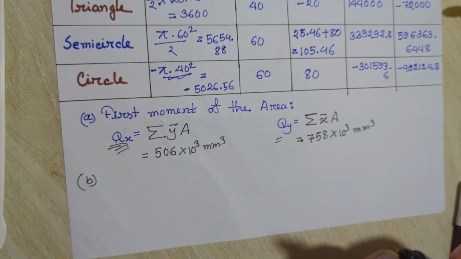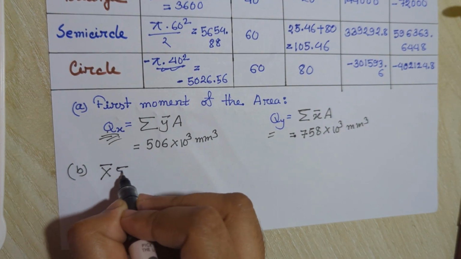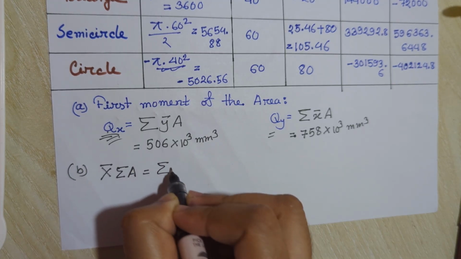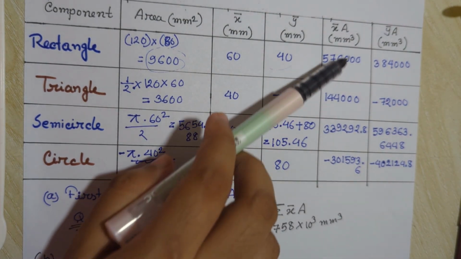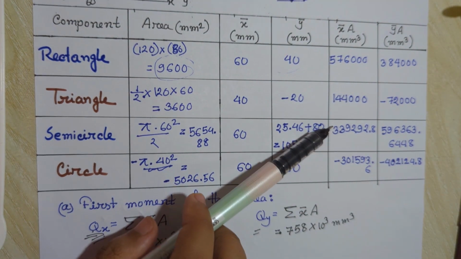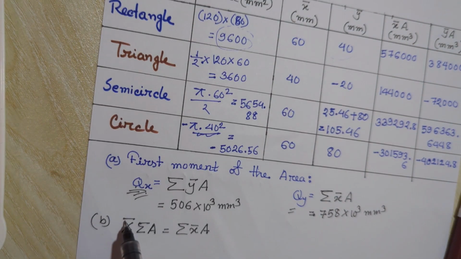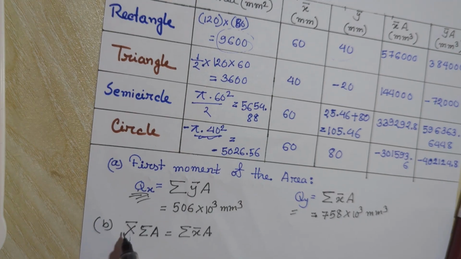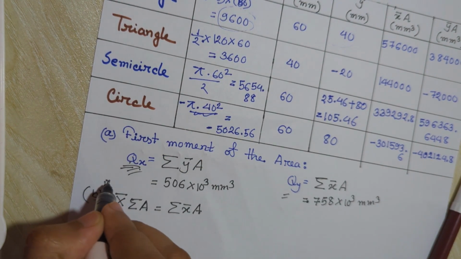So the formula for finding this single centroid will be X bar summation of a equals summation of x bar a. Meaning if we sum all these x bar a for these 4 parts, this equals the central X bar, which is the value on the x-axis for our single centroid.